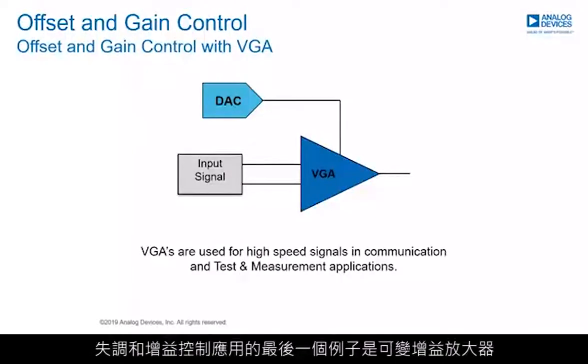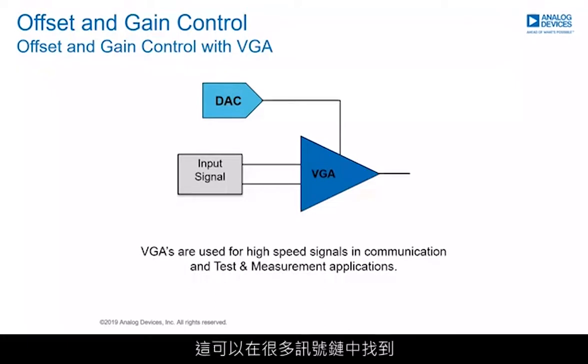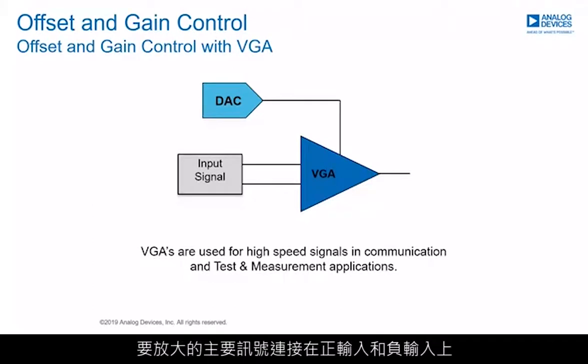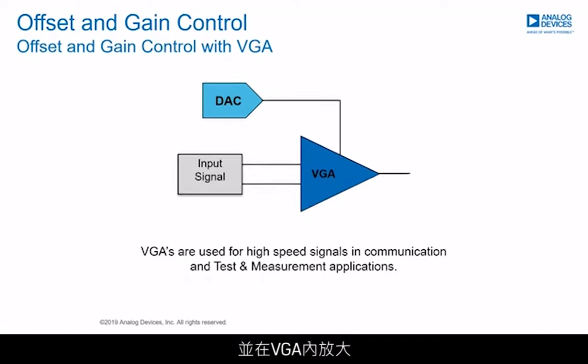The last example for offset and gain control applications is a variable gain amplifier, and these can be found in many signal chains where they are used to amplify high-speed signals in communication and test and measurement applications where precision gain control is needed. The primary signal to be amplified is connected on the positive and negative inputs and gain is adjusted within the VGA.